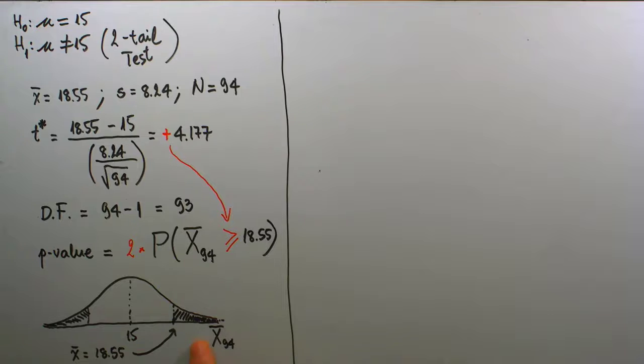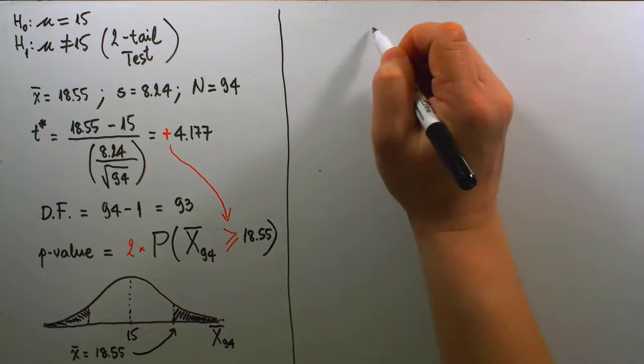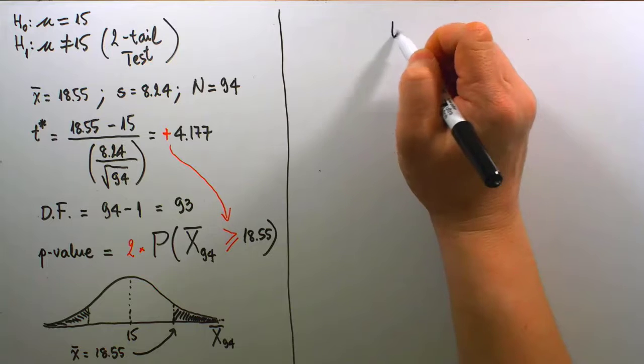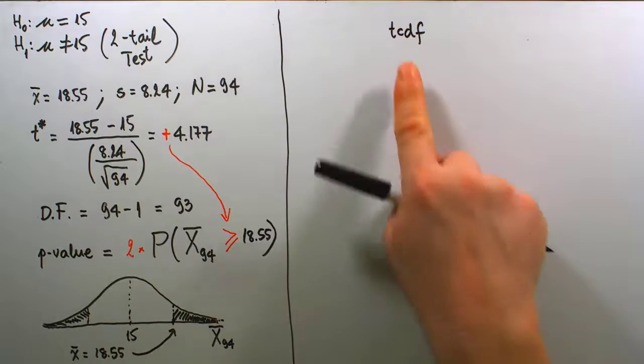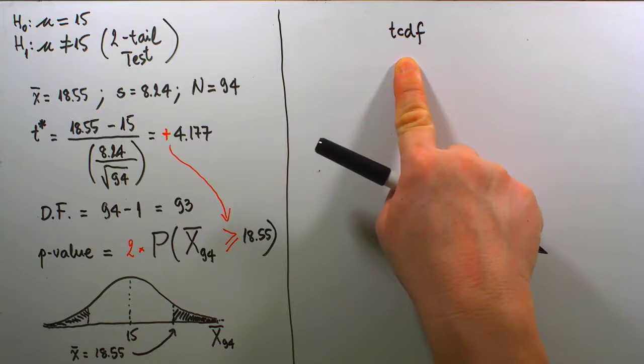And so now we can easily calculate this black area as the p-value shaded to the right hand side by calling up the tcdf command, which is available with the TI-83 and 84 calculators and many other calculators outside of the TI-83 and 84.